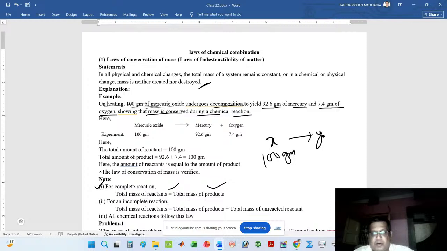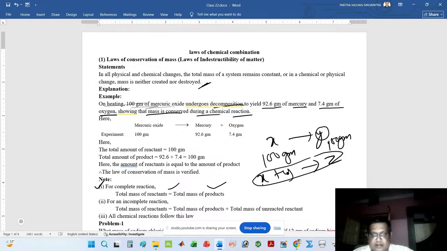Obviously, the amount of Y produced is also 100 gram. Suppose I take another example, X plus Y gives Z. This is a complete reaction. Then we can say that the weight of X plus the weight of Y is equal to the weight of Z.